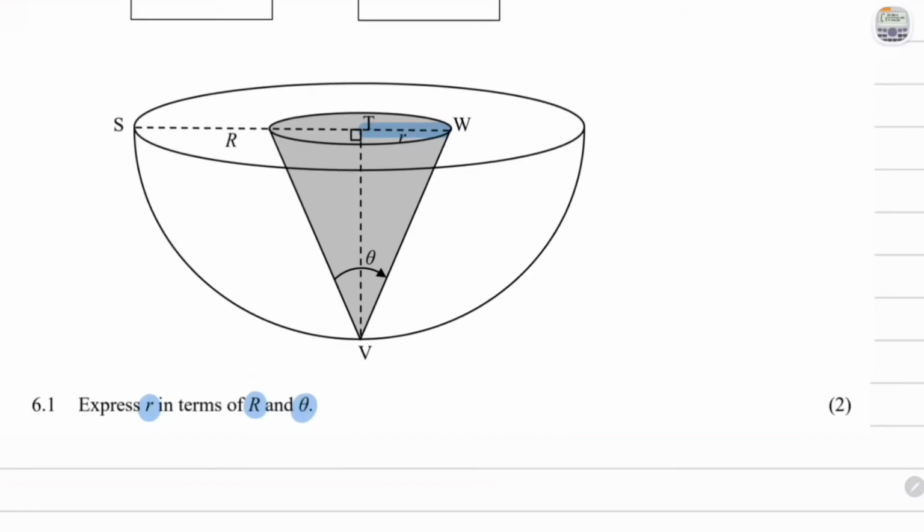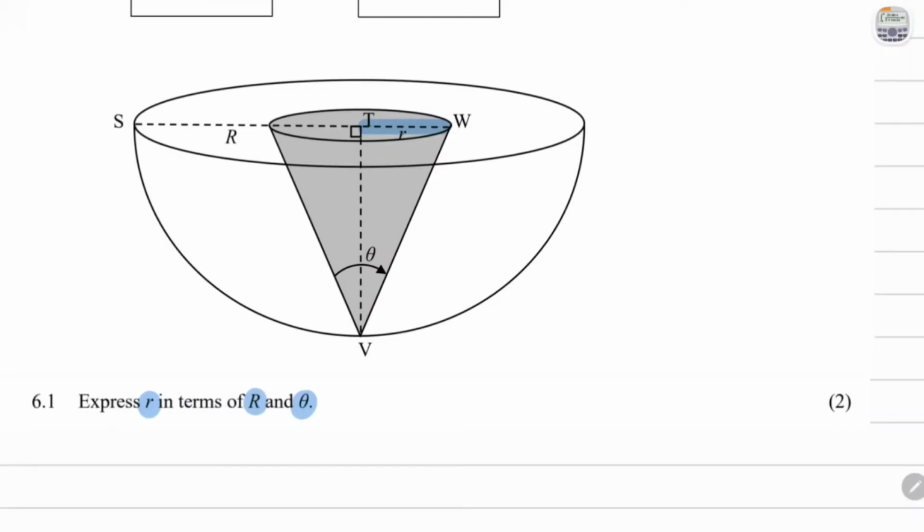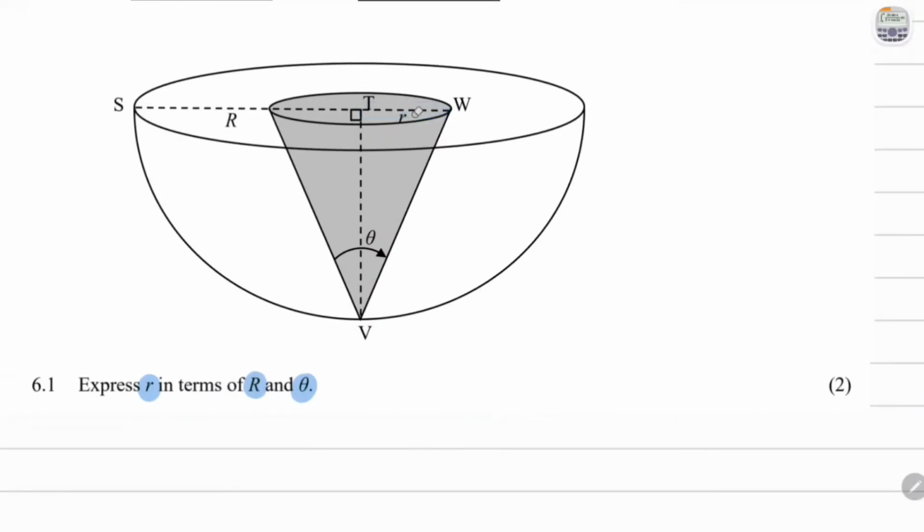If you're trying to find the radius of the cone, you see that TV, that R, big letter R, because it's the radius of the hemisphere, is perpendicular to this line WT. So we can actually form a right angle triangle there. If we draw that, you see that we have a right angle triangle like this.